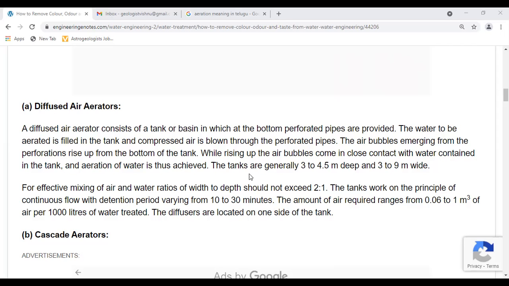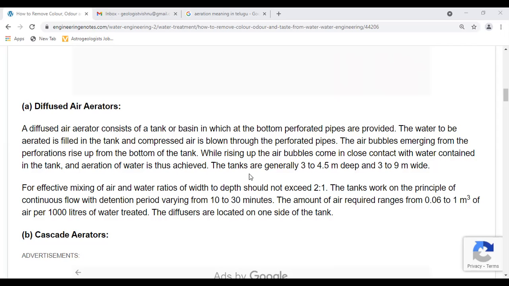The air bubbles emerging from the perforations rise up from the bottom of the tank. While rising up, the air bubbles come in close contact with water contained in the tank, and aeration of water is thus achieved.